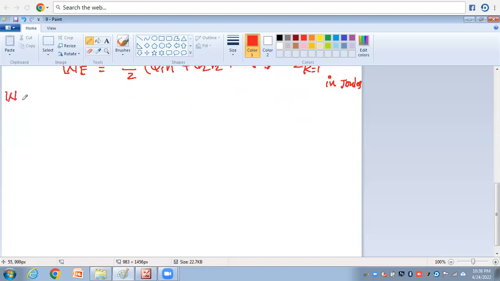Work energy, W equal to 1 by 2 integral rho L V dL, where Q means rho V dV, rho L dL, rho S dS. This is called line charge.